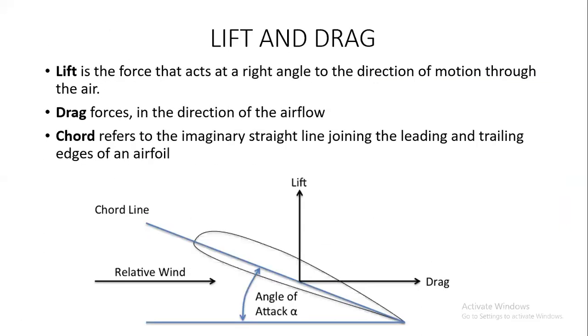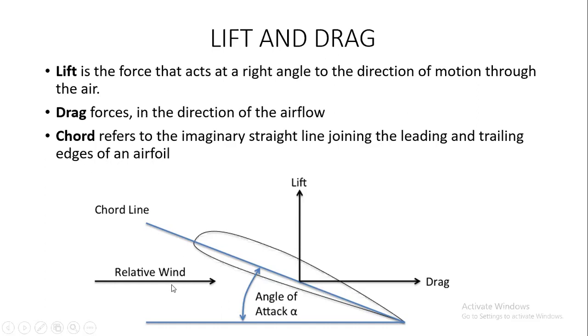Now, moving towards lift and drag. Lift is the force that acts at a right angle to the direction of motion through the air. Drag force is in the direction of the airflow. This one is lift and this one is drag force. Chord refers to the imaginary straight line joining the leading and trailing edges of an airfoil.